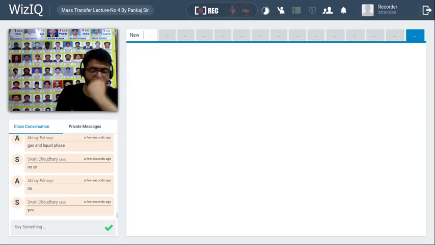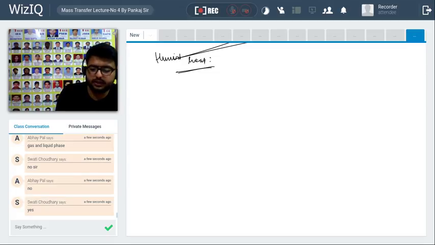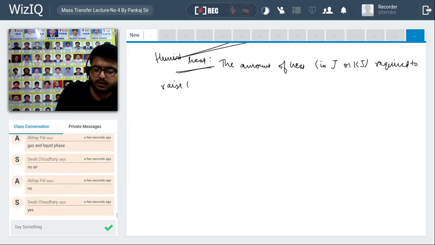Now, humid heat. Humid heat is the amount of heat, in joule or kilojoule, required to raise the temperature of 1 kilogram of humid air by 1 Kelvin or 1 degree centigrade.